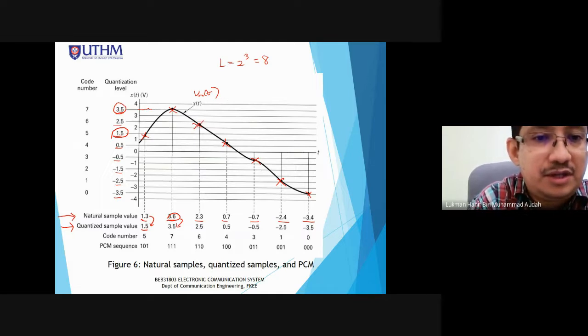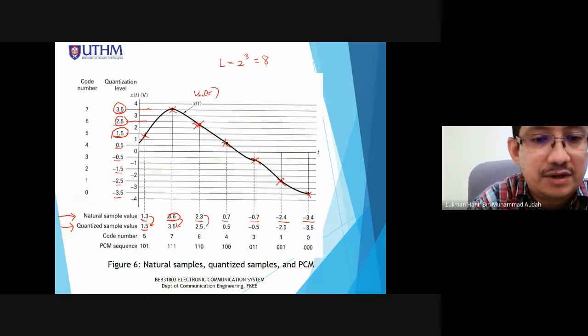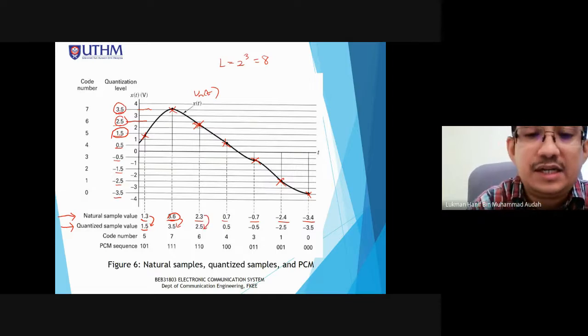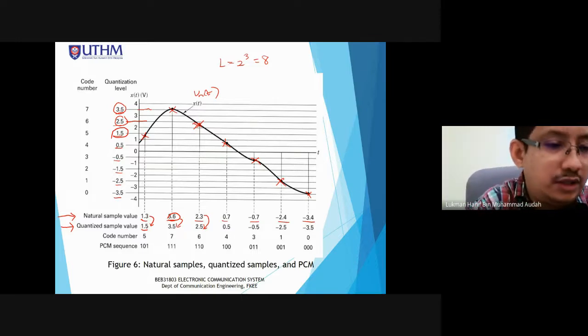The third sample here is 2.3 volt. So the nearest quantized level is 2.5. Okay, so kita bundarkan kepada 2.5 dan seterusnya. Okay, dan seterusnya. So untuk quantization, dia menerangkan daripada untuk baris pertama dan baris kedua ini.